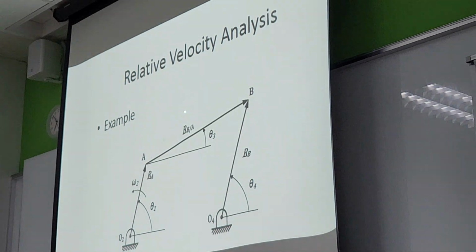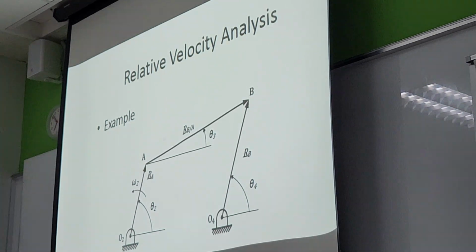Theta 3 is measured with respect to a local coordinate axis, and theta 4 is again measured with a local coordinate axis. The global coordinate axis starts with O2, which is fixed. So this R A is the position of the point A, and this is a vector.